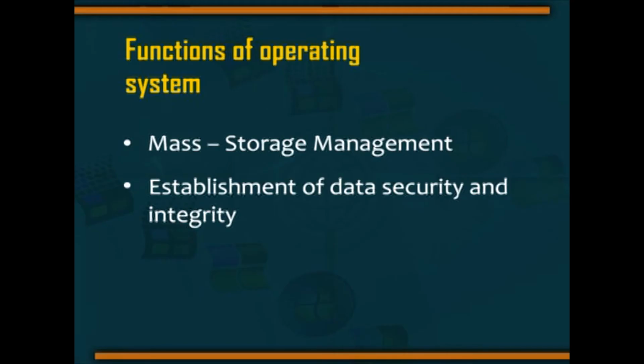The operating system makes choice by using any one of the several disk scheduling algorithms. Next function, establishment of data security and integrity. Operating system keeps different programs and data in such a manner that they do not interfere with each other. It protects itself from being changed or damaged by any user.